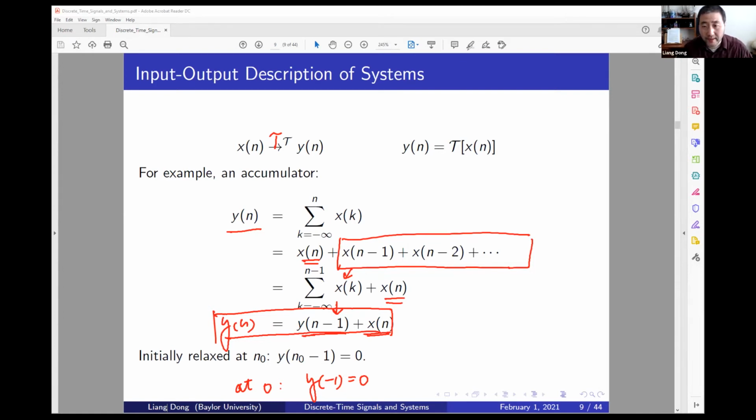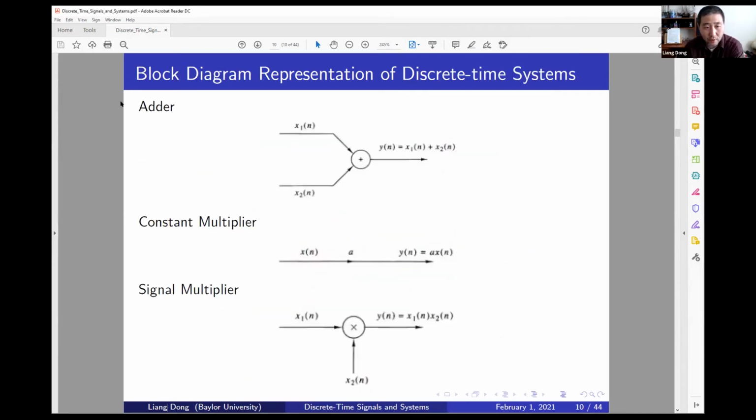It's called initially relaxed. This is the block diagram representation of discrete time systems. The first one is an adder, sample-wise addition. Constant multiplier. You can use an op-amp or simply put a weight on this line. Understand that this is the gain.